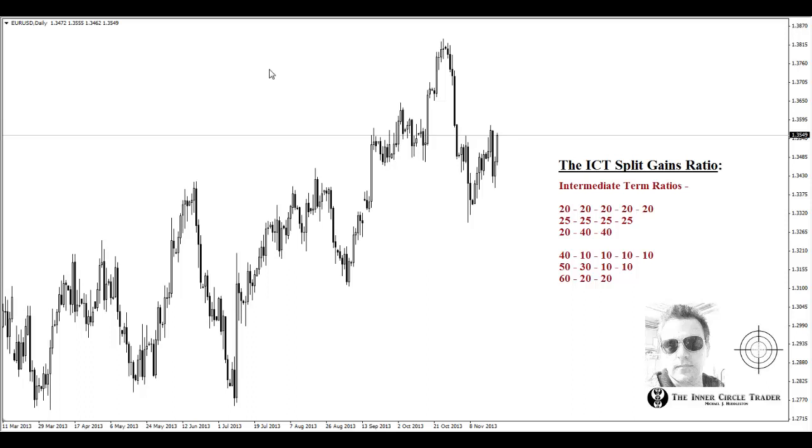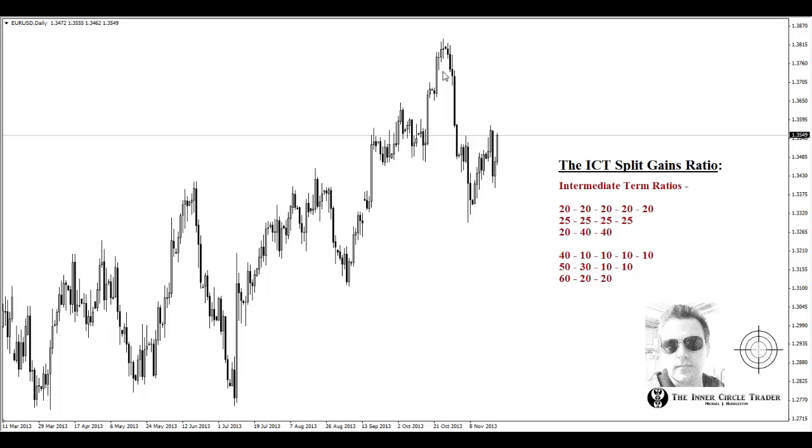If you want to scale out in 3 stages, you could do 20% of the position and then 40 and 40, holding on to those last two portions because you want to be holding a larger percentage of the trade since you're trading in a higher time frame directional premise, what we considered in sync.